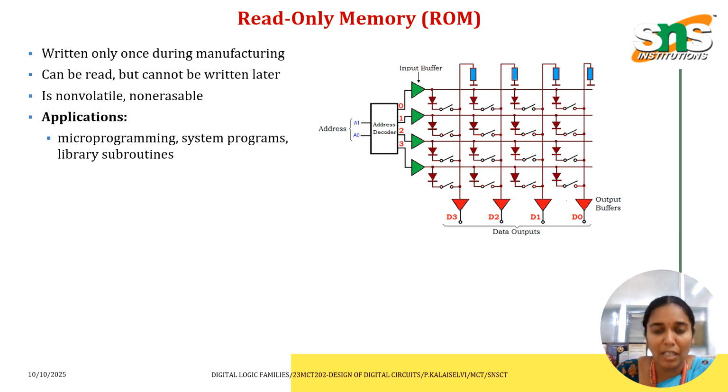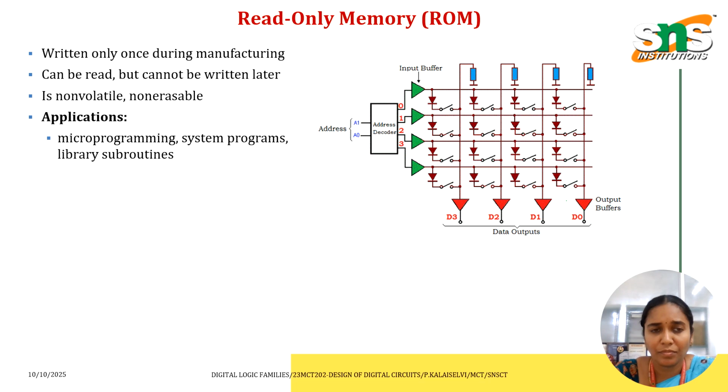ROM is mainly used to store firmware, that is the set of instructions permanently programmed into a system to help it start the computer or perform basic functions. So this is about read-only memory.